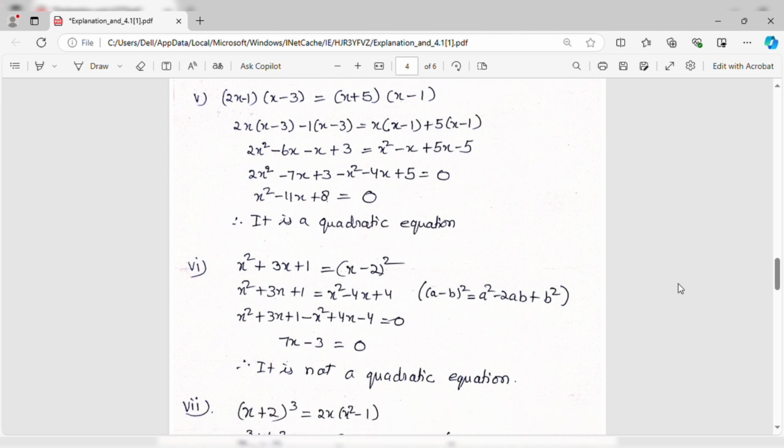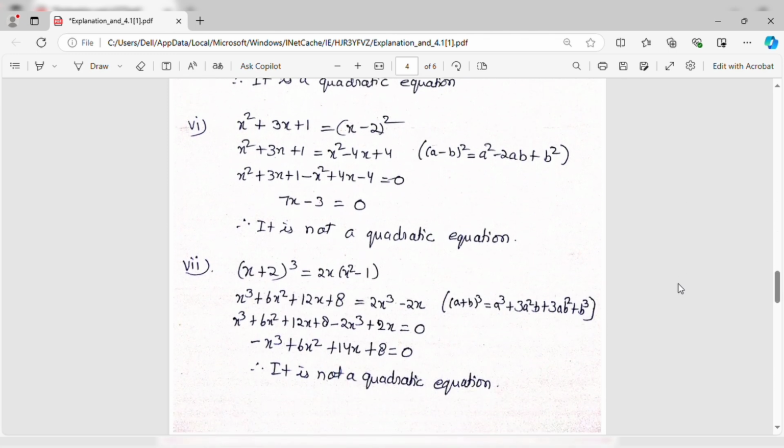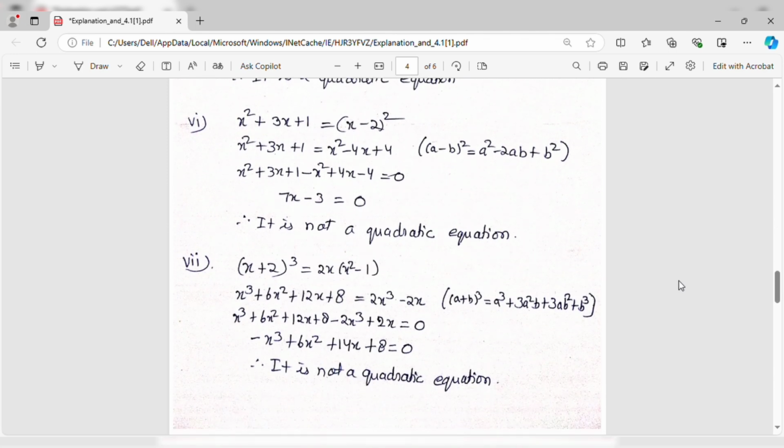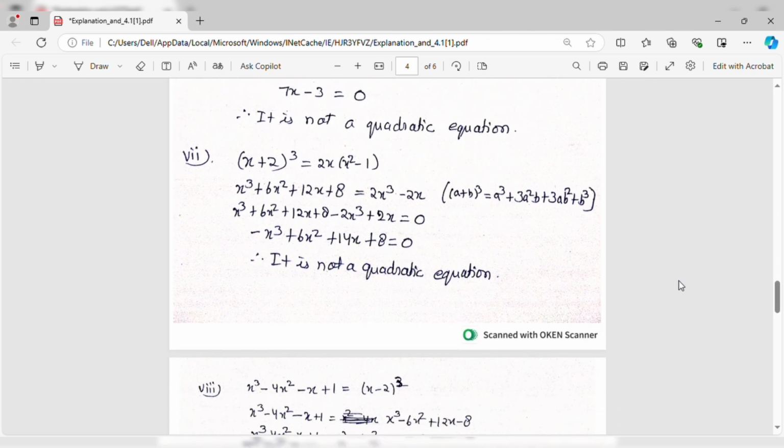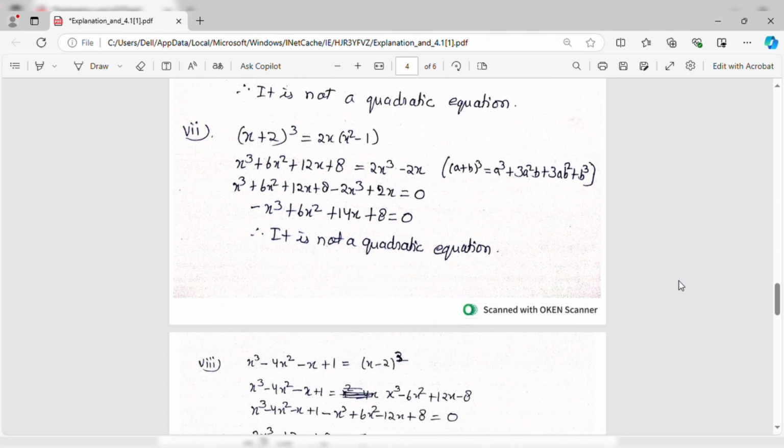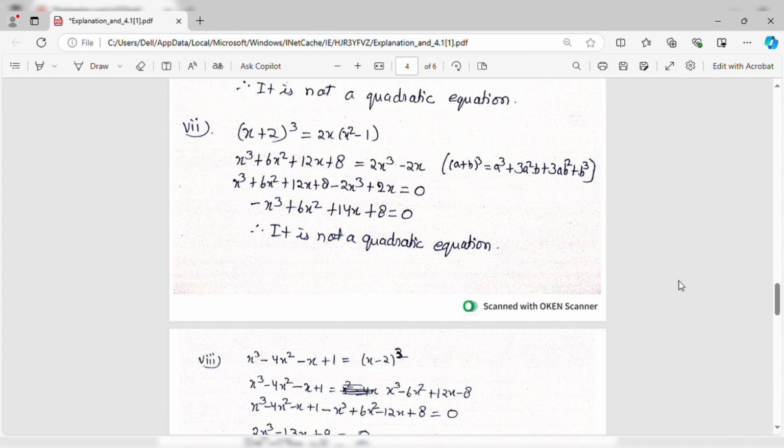In the sixth part, it is not a quadratic equation. Seventh part, here the equation is given as x plus 2 whole cube is equal to 2x bracket x square minus 1. In this, we will apply the identity a plus b whole cube, and after solving, we will get a cubic equation. So it is not a quadratic equation.